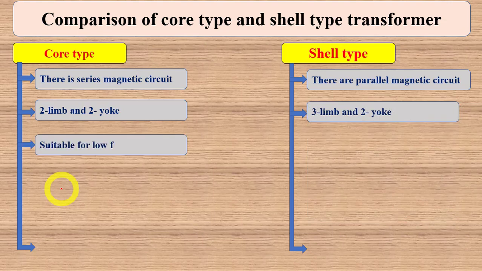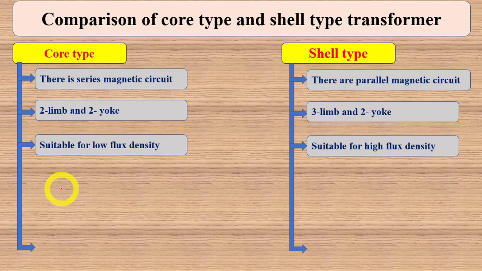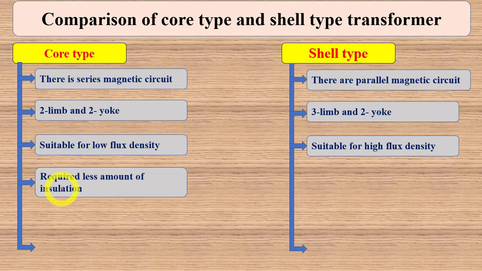Next point, a core type transformer is suitable for low flux density. On the other hand, a shell type transformer is suitable for high flux density because it is able to carry high magnetic flux density. Also, a core type transformer requires less insulation, and a shell type transformer requires more insulation.